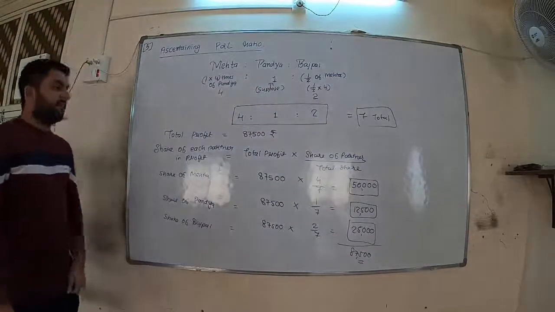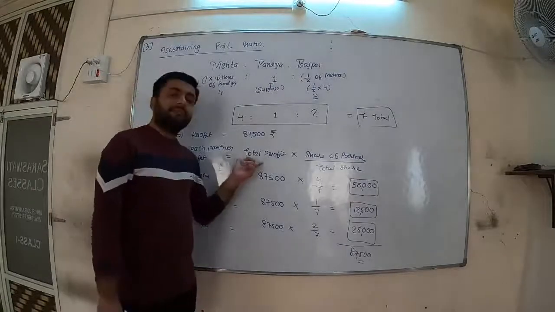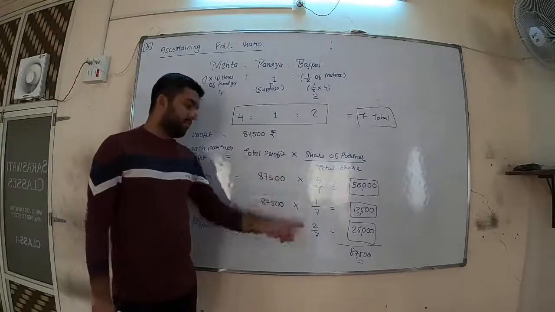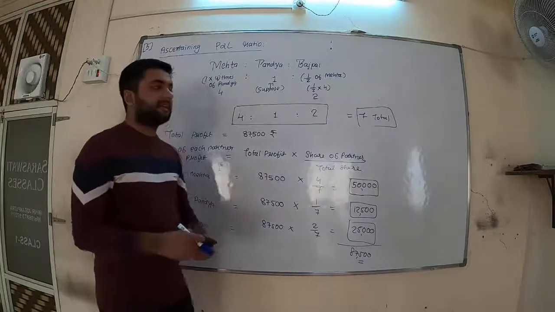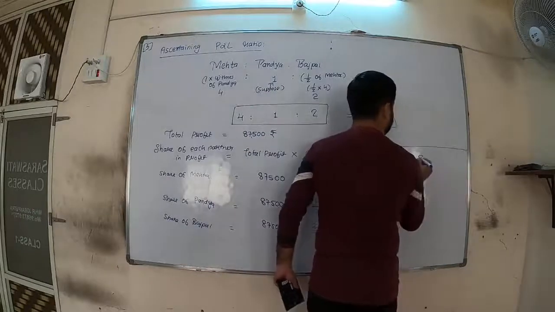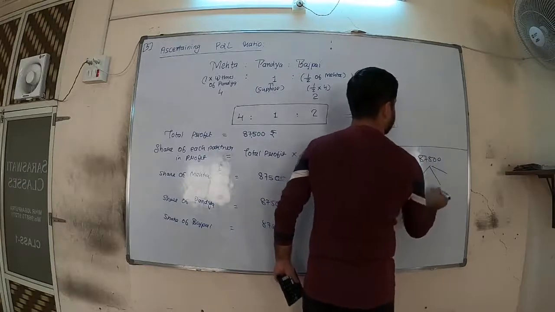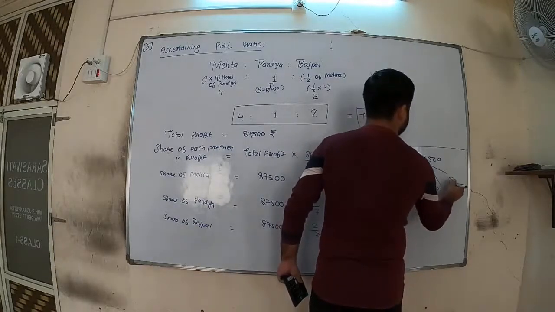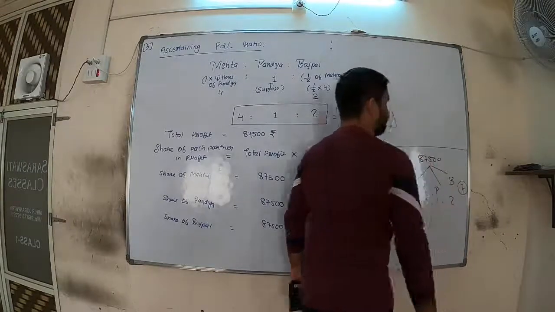In this way you need to solve. And again, what I said, in this chapter we will use the formula and find the shares. Now without using the formula, how to find the share? As I said to everyone yesterday, 87,500 is the total; Mehta, Pandya, Bajpai are 4, 1, 2 and the total is 7.